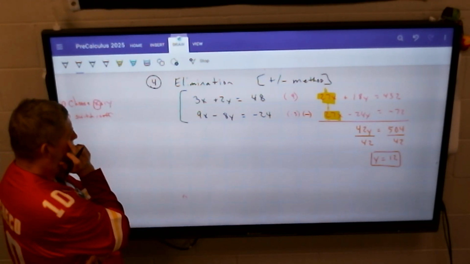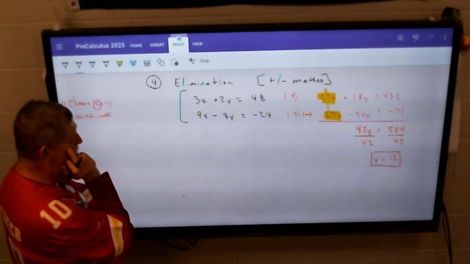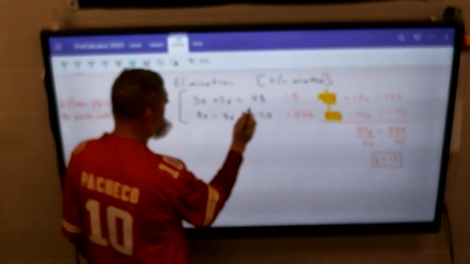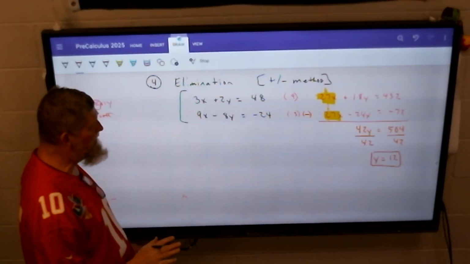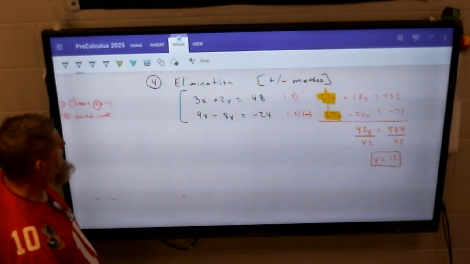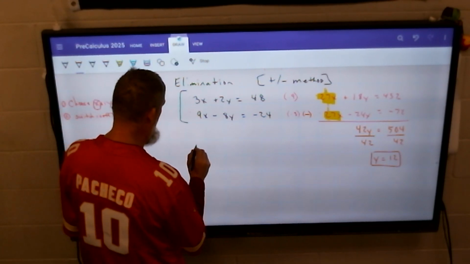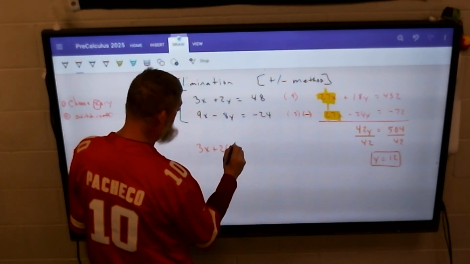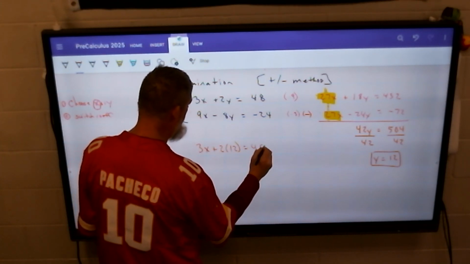Now I have a conundrum. Where do I want to go back to plug it in? Does it matter? No. I can pick any equation I want. Anything that has an x and a y, I can plug it in. So you tell me which one you want to put it into. The first one. Thank God, I was hoping you'd say that. So 3x plus 2 times 12 equals 48.